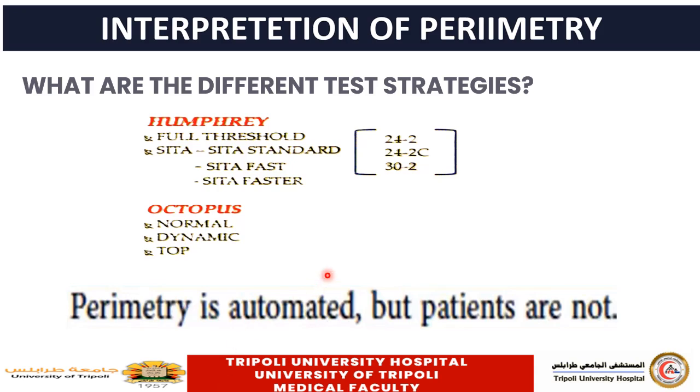A brief note on the different strategies used by the two most common perimetry machines available in the market, that's Humphrey and Octopus perimetry. Of course, there are plenty of different brands of perimetry with different strategies, but I think these are the two most common available in the market.